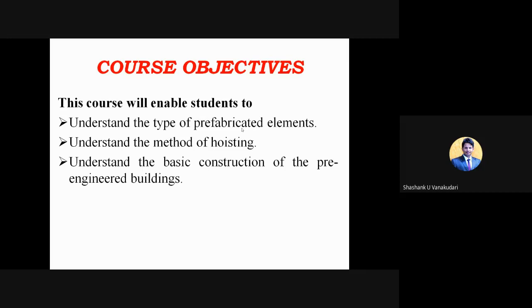Whether it is a small type, whether it is a large type. So many different types are there. These types are going to help you in the future, so that you know these particular elements belong to which category, I mean which type. Depending upon that, the design concepts will be decided, and even the installation process will be chosen depending upon the type of prefabricated elements.